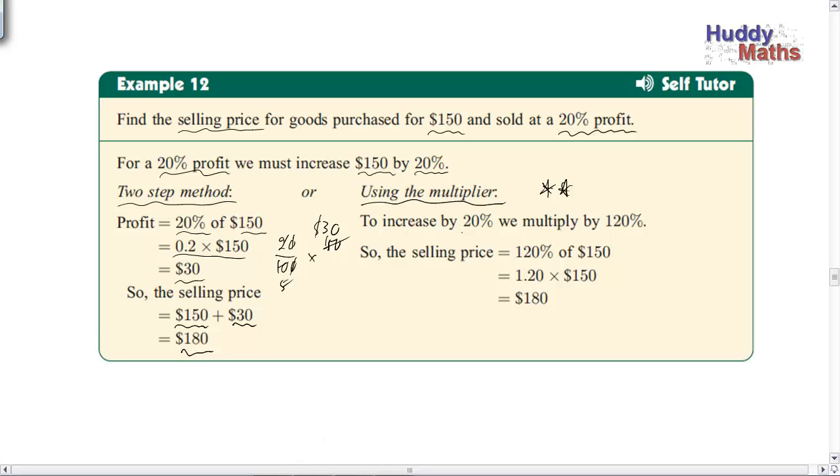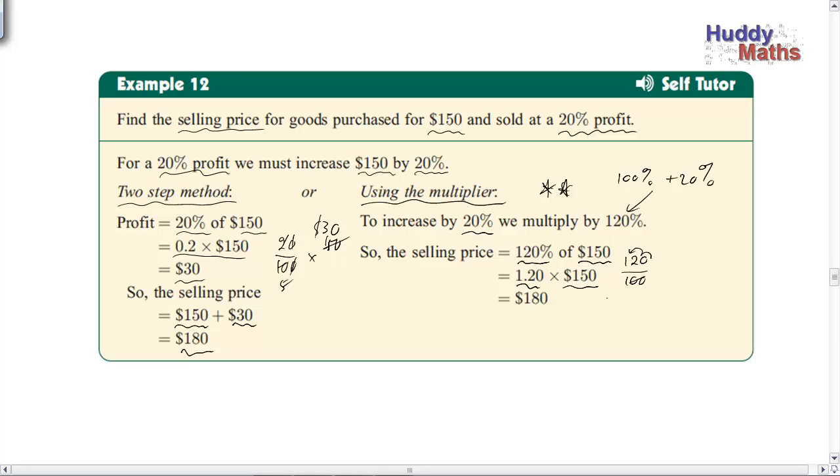To increase by 20%, that's 100% plus 20%. You want 120% of the original. So it's 120% of the cost price, and 120 over 100, dividing by 100, is 1.2, our multiplier.